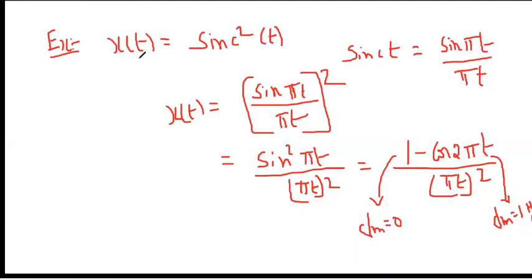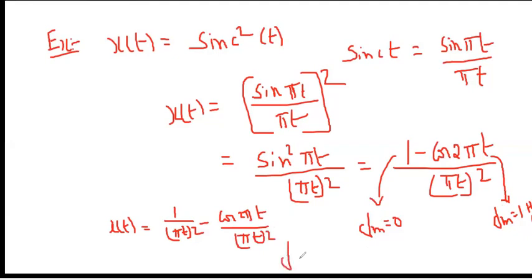Now the sampling frequency of x of t is 1 by pi t whole square as one signal, minus cos 2 pi t by pi t whole square. The two signals form a multi-tone; the first has frequency 0 and the second has maximum frequency 1. So the sampling frequency is 2 into the maximum frequency component, which is 2 hertz.